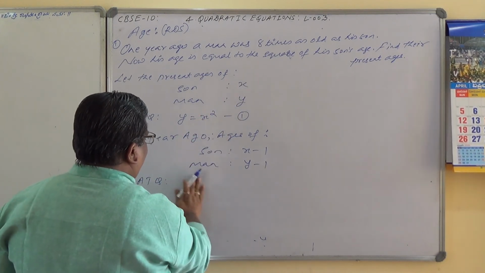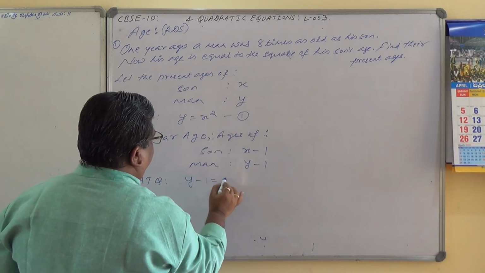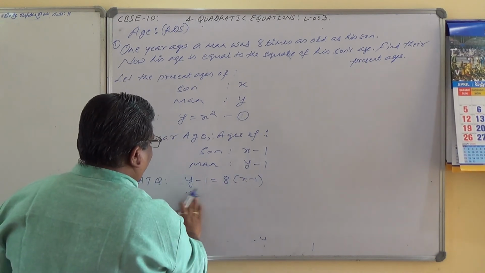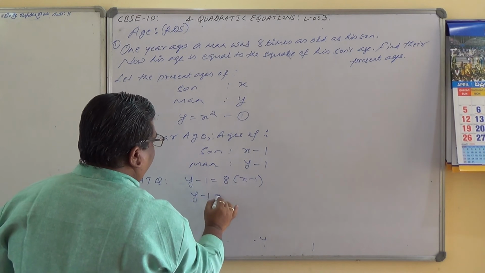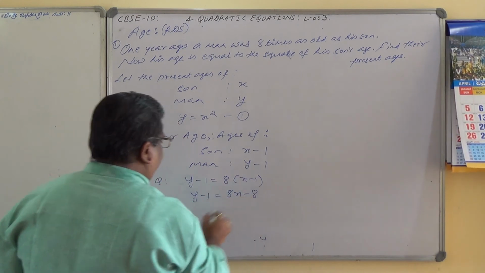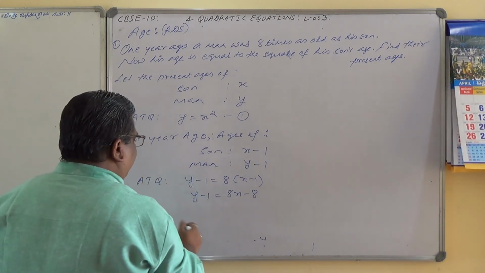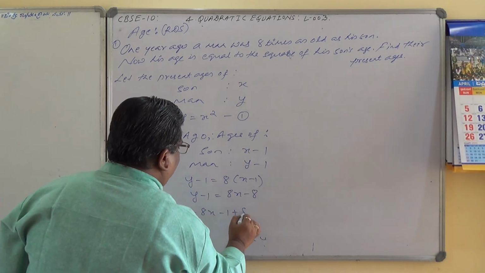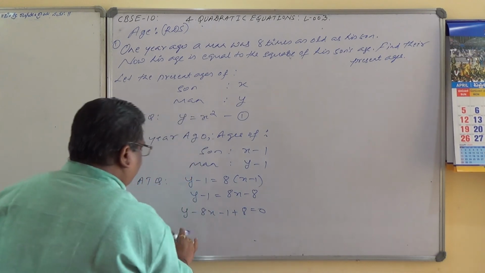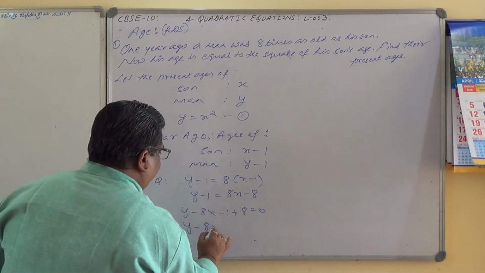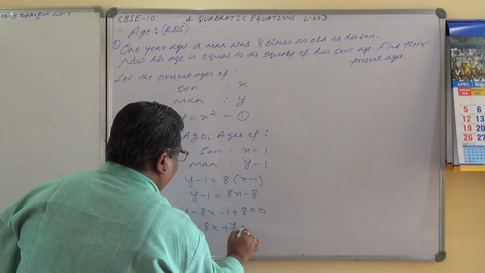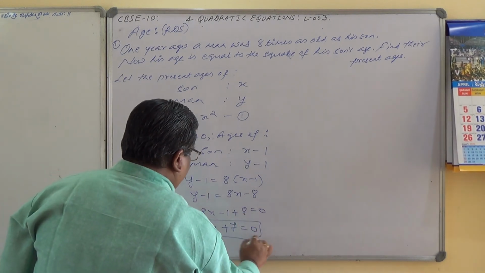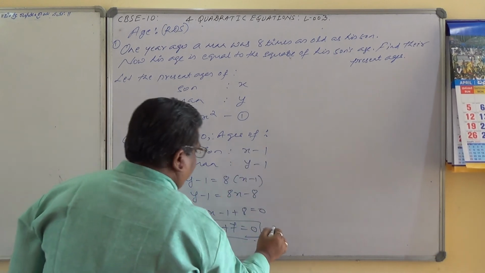Y minus 1 equals 8 times x minus 1. Y minus 1 equals 8x minus 8, isn't it? So simplify this one. Y minus 8x minus 1 plus 8 equals 0. So y minus 8x plus 7 equals 0. Mark this equation 1 here, it is 2 here.